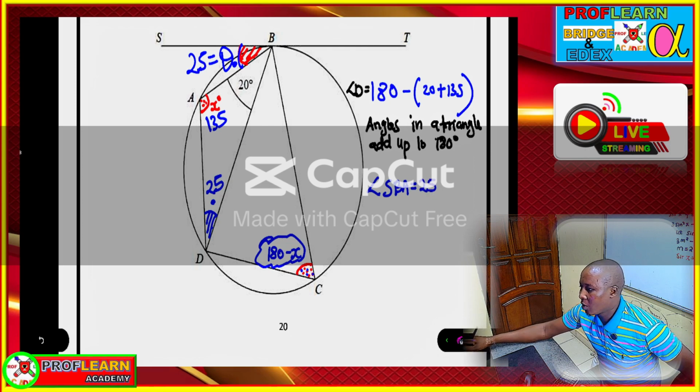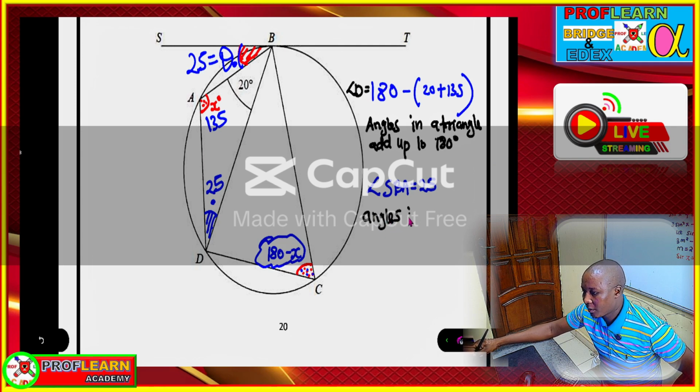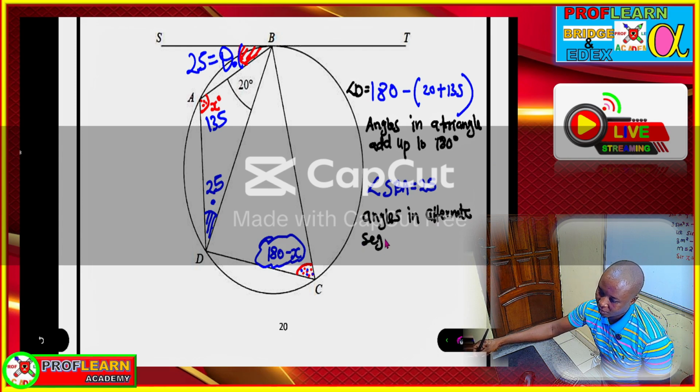And the reason we're going to write there, shall say, angles in alternate segments are equal.